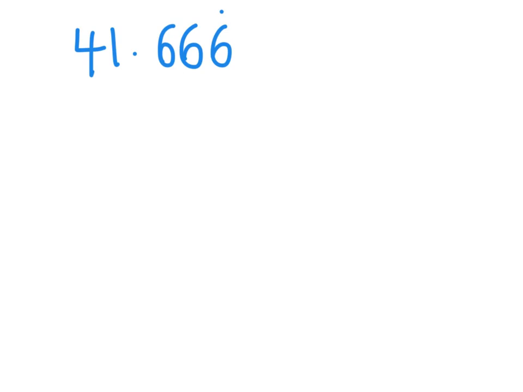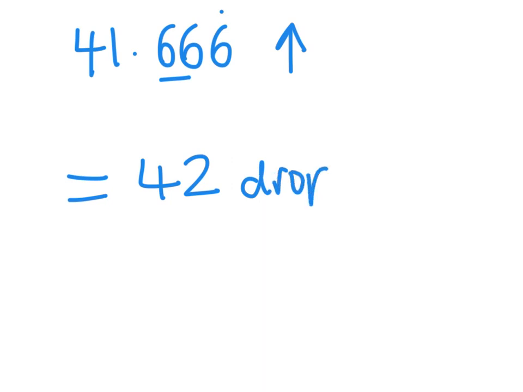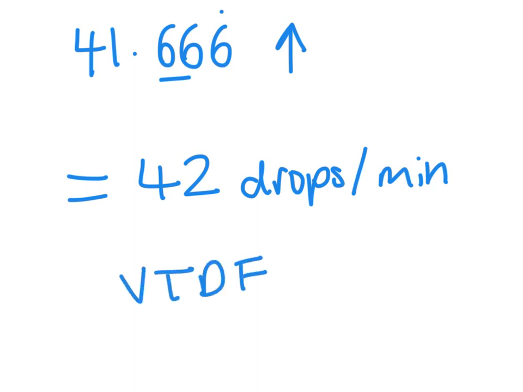To do that, we look after the decimal point, and our first number there is a 6, which is a number of 5 or above, so we will be rounding up in this instance, which gives us a final answer of 42, and always put your units in, 42 drops per minute. And that's how we use the VT/dF/1 formula to solve a drip rate calculation.